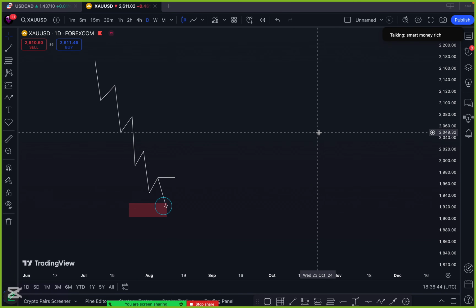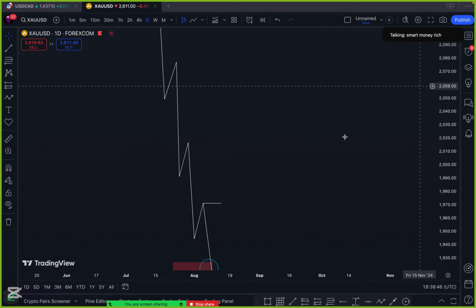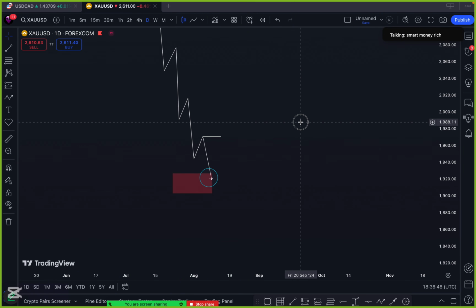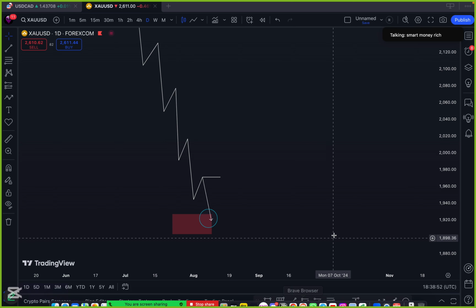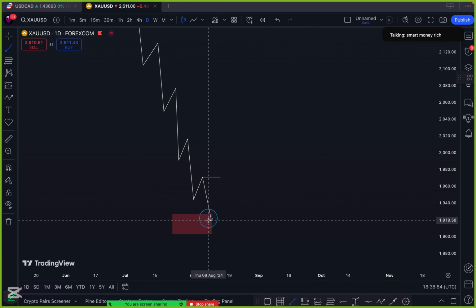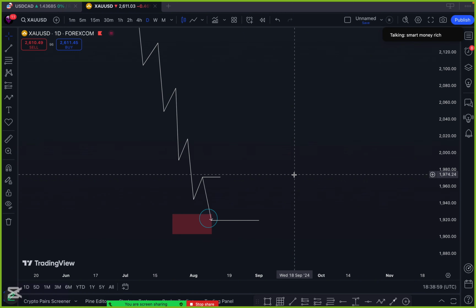I said that traders, if they are entering the market at this level here, they will be taking profit at the next structure high. Are you guys with me? Yes. They will take profit at the next structure high. You get it?